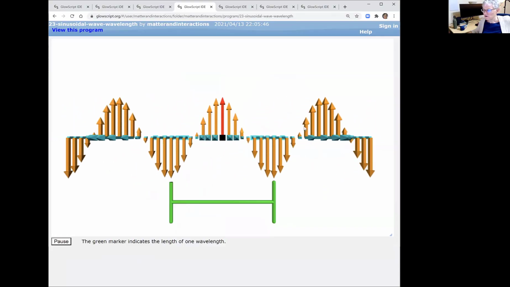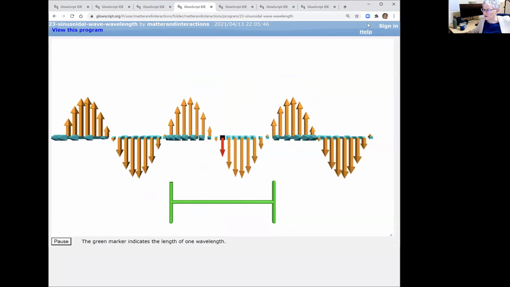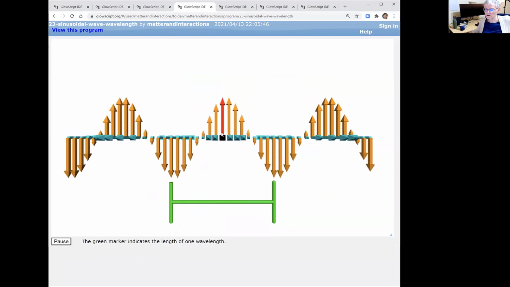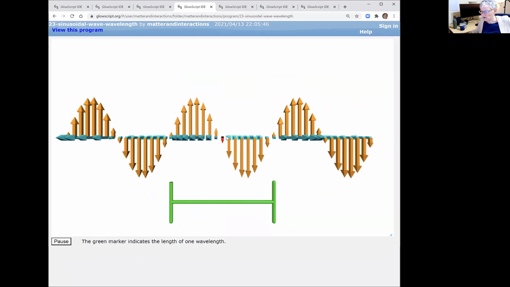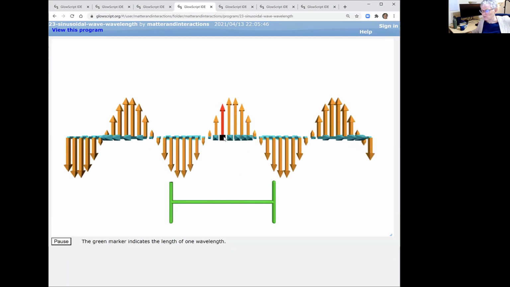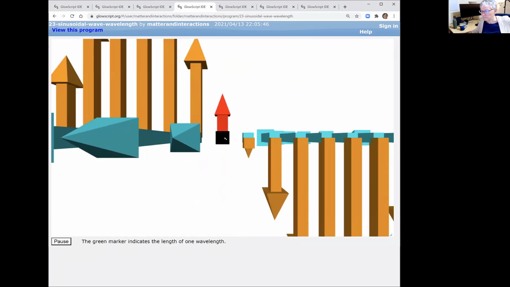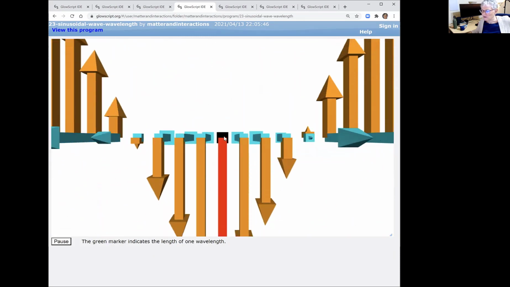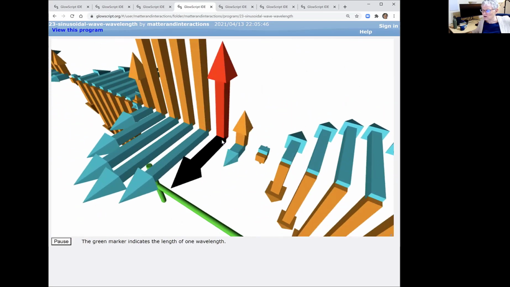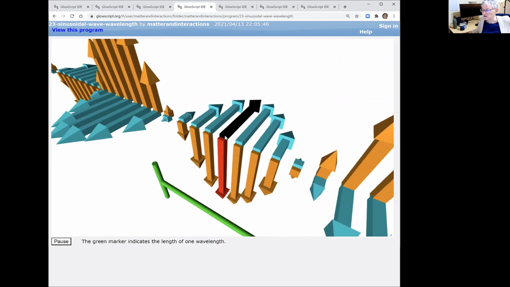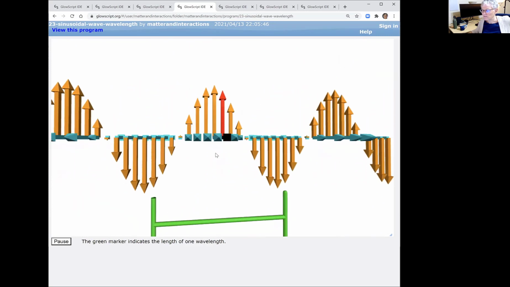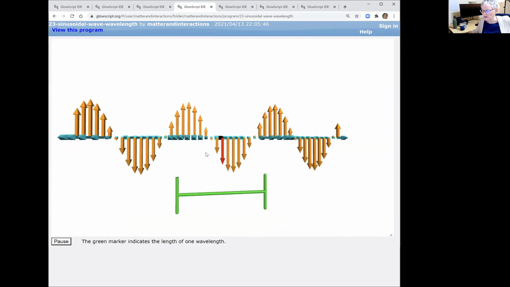So if you stood somewhere and you got out your electric and magnetic field detectors, let's say we're standing at this location, and the electric field we're measuring at this location is shown by the red vector, and the magnetic field is shown by the black vector. So if you're just standing in one place, what you see is that the magnitude and direction vary with time.